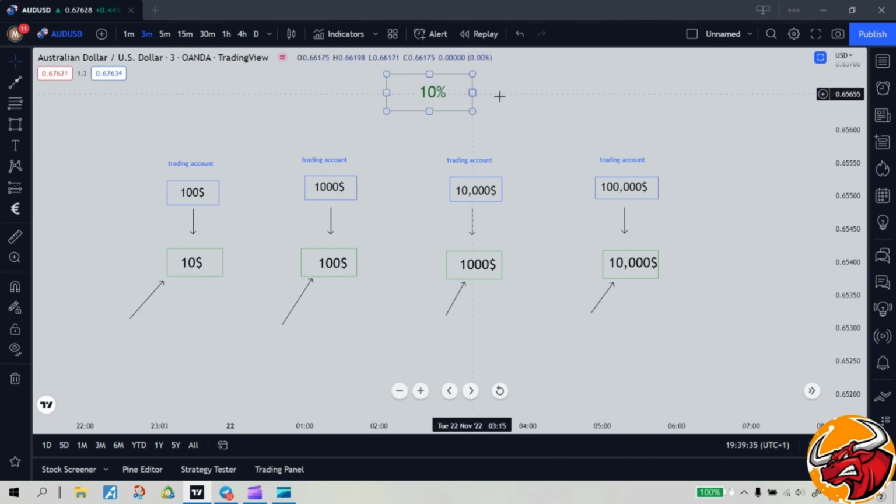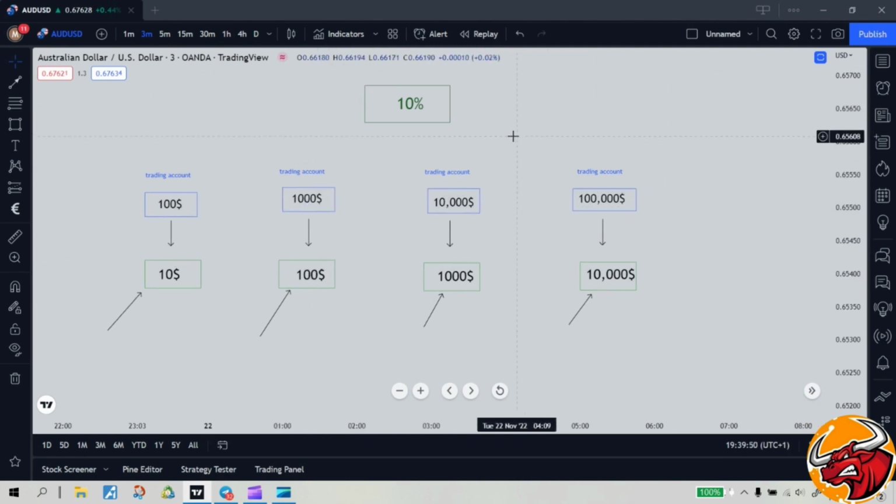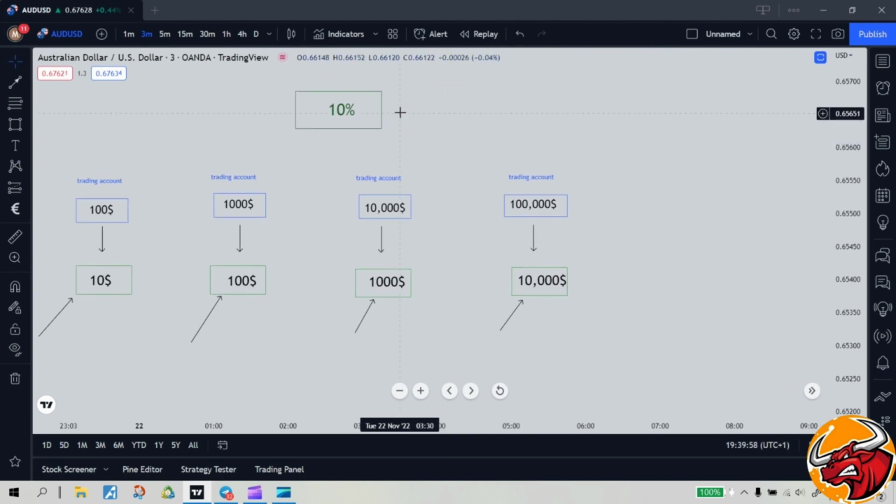All of this is the 10%. If you have a $100 account, your 10% will be 10. If you have a $1,000 account, your 10% will be 100. If you have a $10,000 account, your 10% will be 1,000.